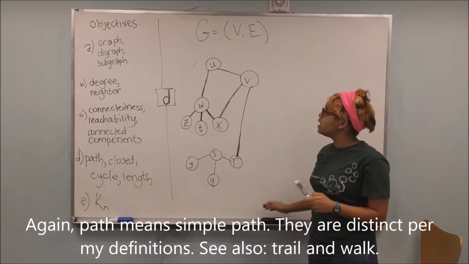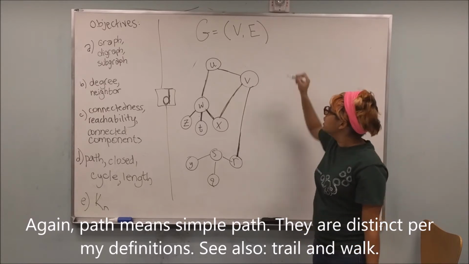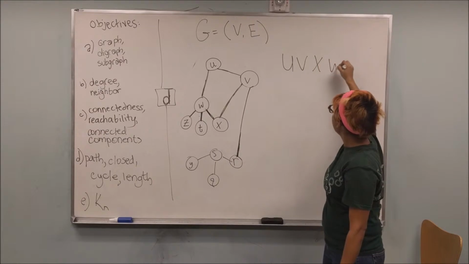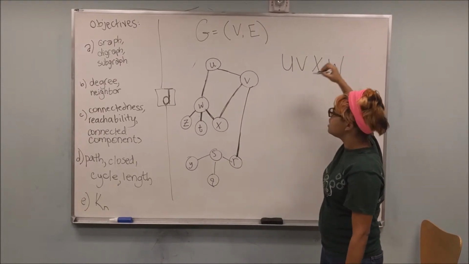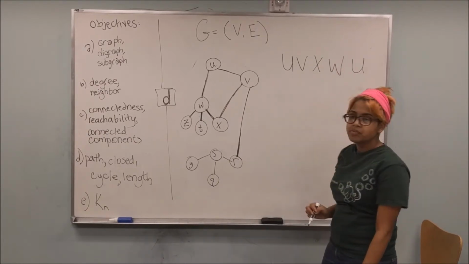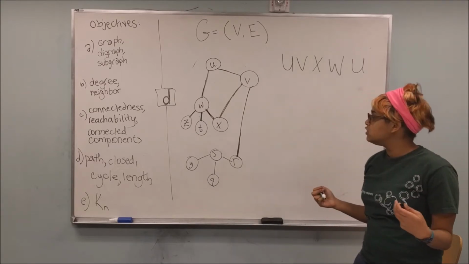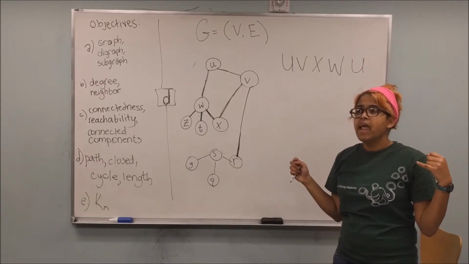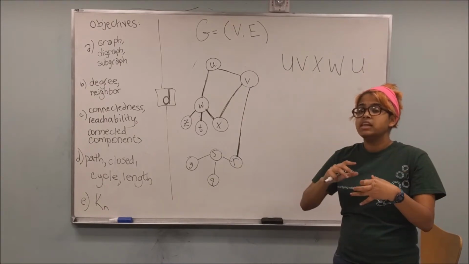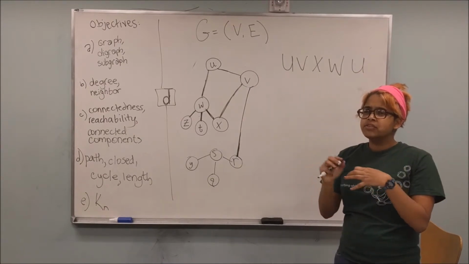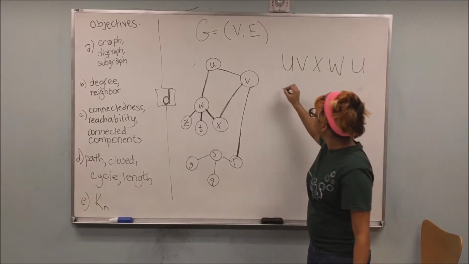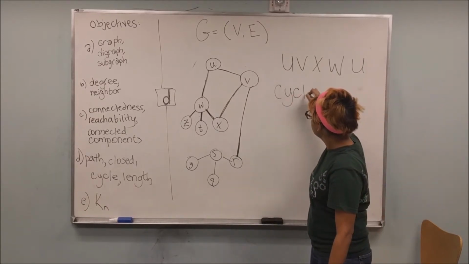And a path might be closed if, let's say, U, V, X, W, and then you went back to U. Right? So this path is closed in that its end is the same thing as its beginning. But we can refer to this simple closed path with another name, which is cycle. Right?